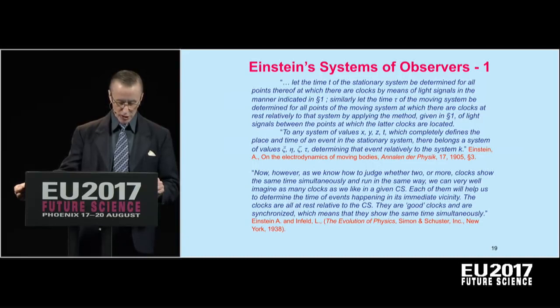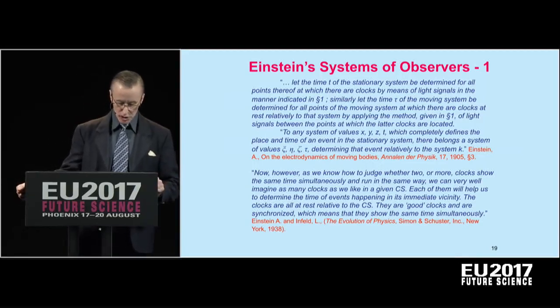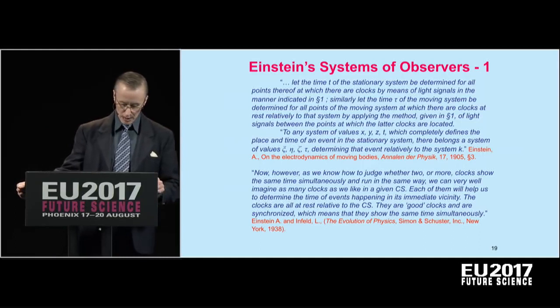To any system of values x, y, z, and t, which completely defines the place and time of an event in the stationary system, Einstein calls that a stationary system, there belongs a system of values xi, eta, zeta, and tau, determining that event relatively to the system k.